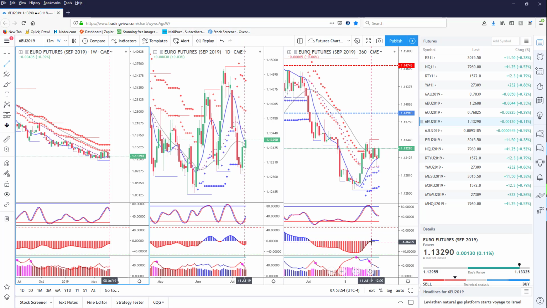Now, this actually indicates a potential for a zero line reject. Now, I would not be anticipating that as much since we just had that pivot low formation. I do think we might make it up to 13.91 before we actually move down lower.